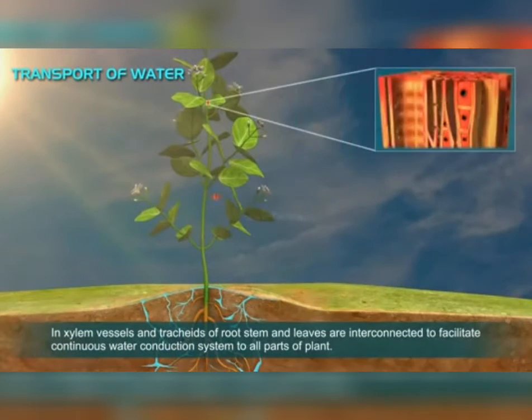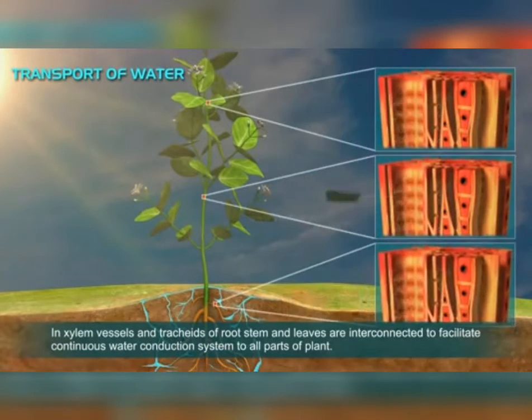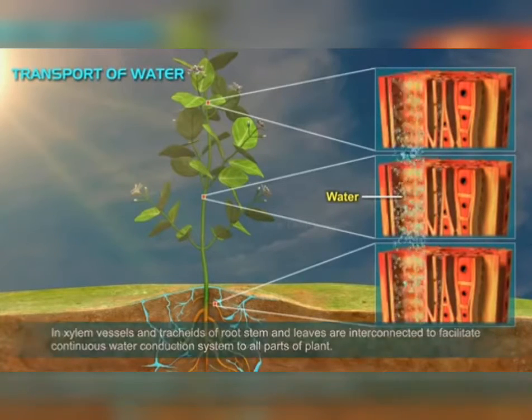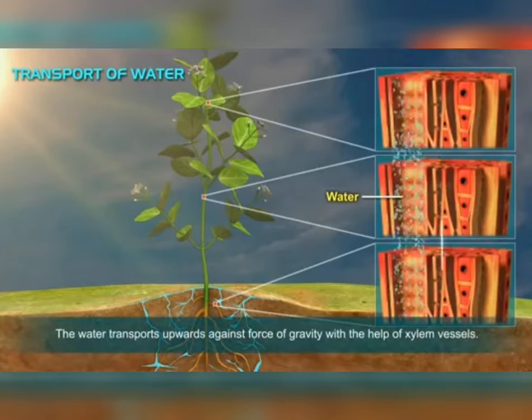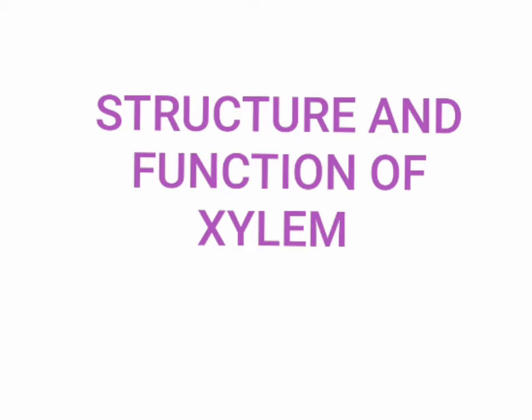In xylem, vessels and tracheids of root, stem and leaves are interconnected to facilitate a continuous water conduction system to all parts of the plant. Water is transported upwards against the force of gravity with the help of xylem vessels.